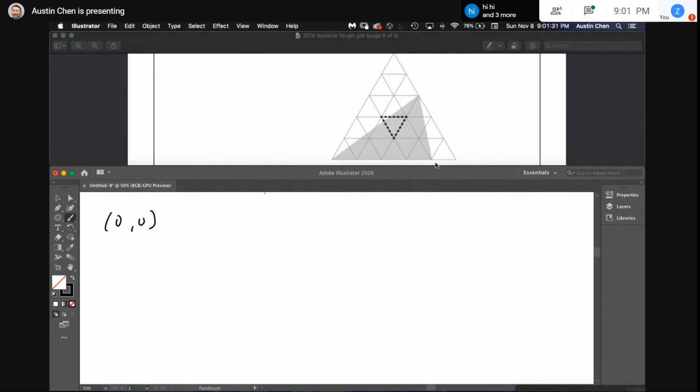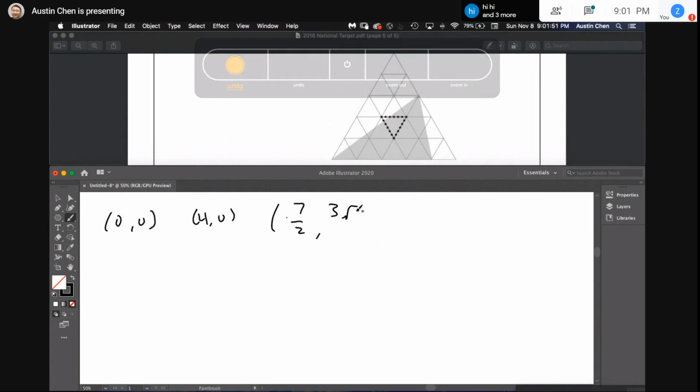So this point would be at 4, 0, and then this point would be at 3.5, so 7/2. All these heights are √3/2, so it would be up 3√3/2.